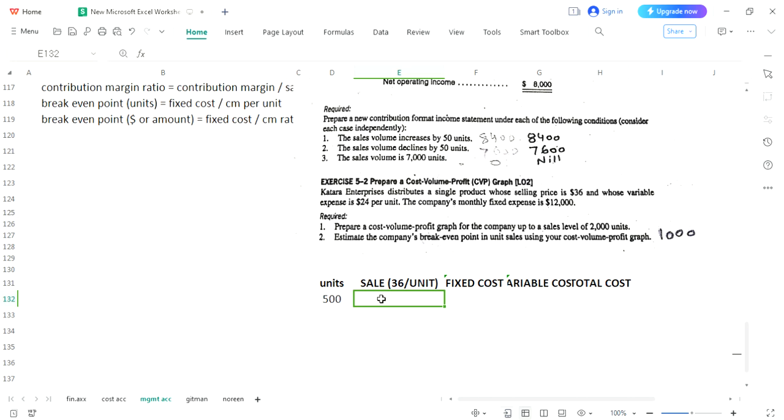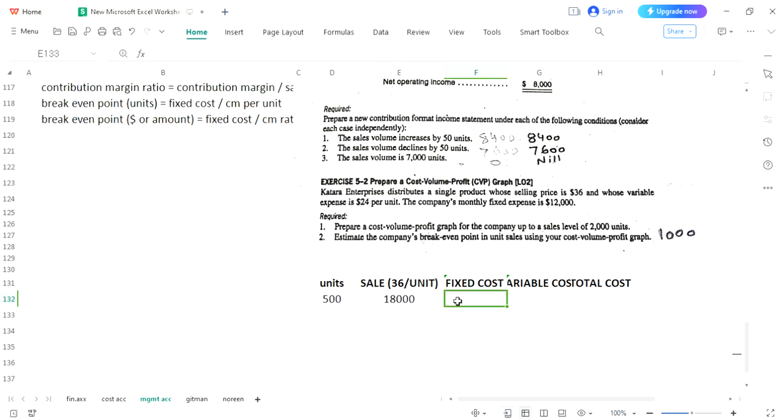If one unit you are selling for 36, how much amount will you get to sell 500? So simply you will multiply 500 units with 36 as your sale price. So total sale price becomes 18,000.